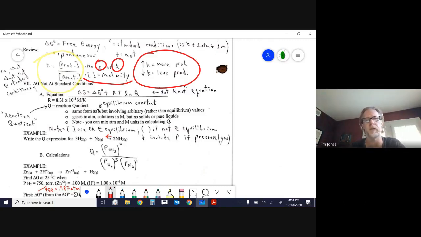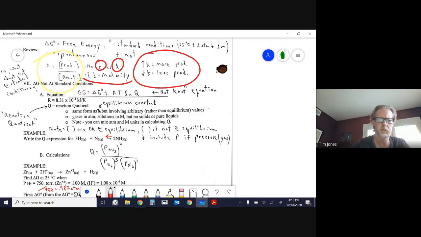But just to give you a rough idea, if you have a K value of something like 10,000, that means this reaction prefers to go forwards and you end up with a lot of product. If you have a K value of something like 1 times 10 to the negative 20, that means it really does not like to go forwards. It prefers to go backwards, or at least barely go forwards at all, but we'll cover that a little more later.